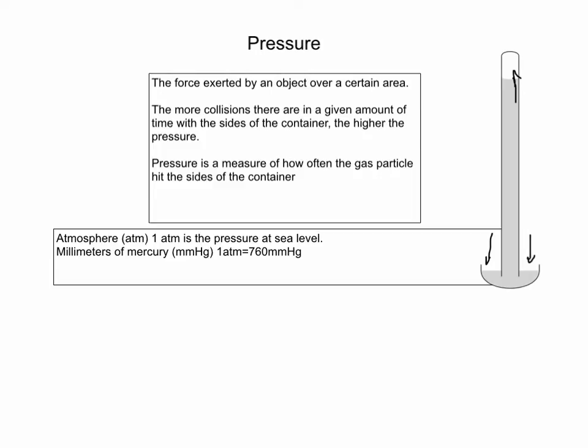And that's also equal to one other unit that's also used, 760 torr. Torr and millimeters of mercury are very similar, so notice that atmospheric pressure, 1 atmosphere, is equal to 760 millimeters of mercury, or 760 torr.